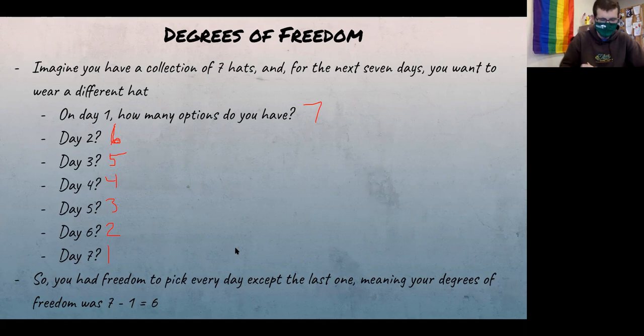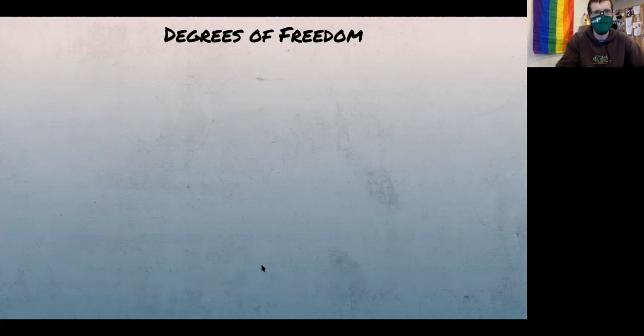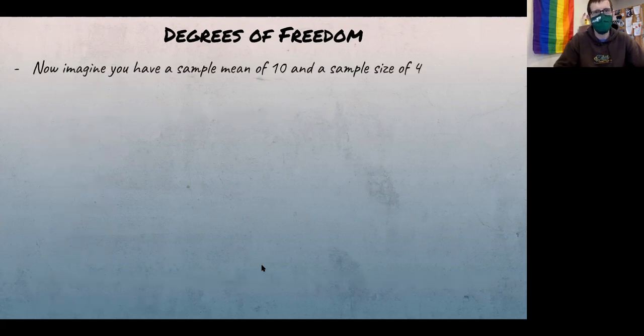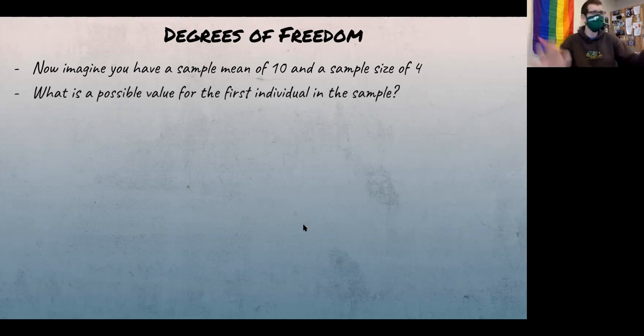Okay. So if we tie this back into numbers, because that is an abstract example, but easy to follow, this will also be pretty easy to follow. Imagine I tell you from the beginning that you have a sample mean of 10 and a sample size of 4. We want to go with simple numbers here. So just imagine this is true. Just give me a random value.